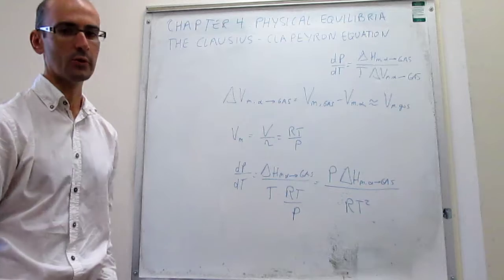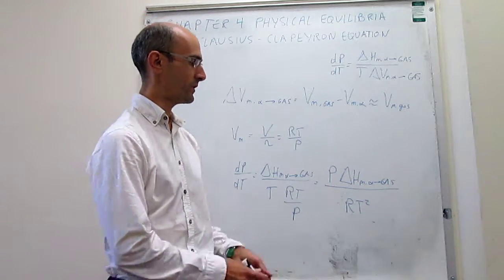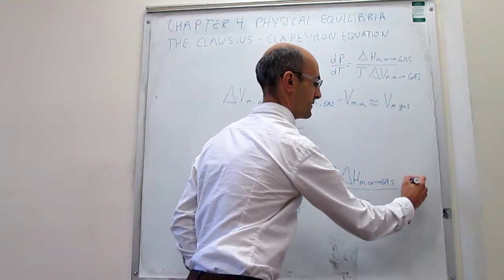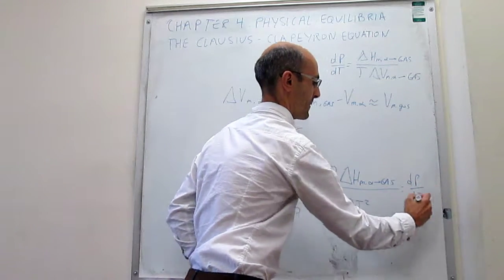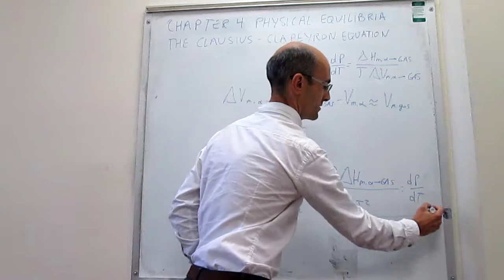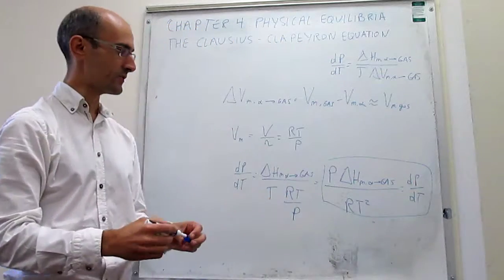And this is what we call the Clausius-Clapeyron equation: the slope of the phase boundary in the phase diagram that leads to a gas is equal to this simpler expression.